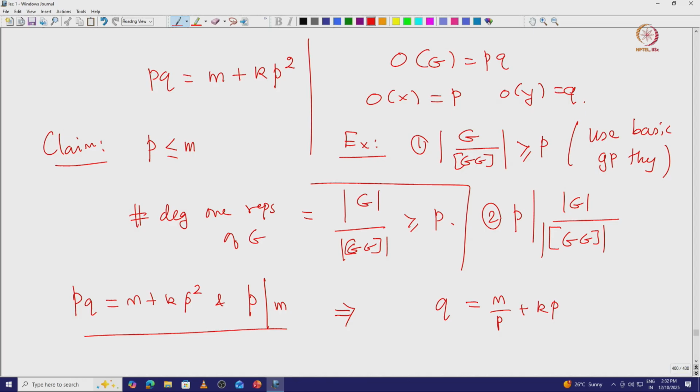Now, since m divides pq, that would imply that m is either p, q or pq.